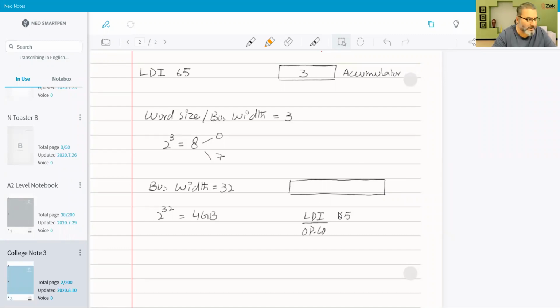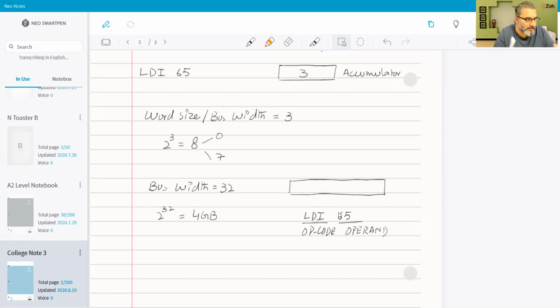And this 65 is actually called the operand. All right, what do we call this 65? Operand. Now basically what happens, let's say we are taking the example of a 32-bit system.